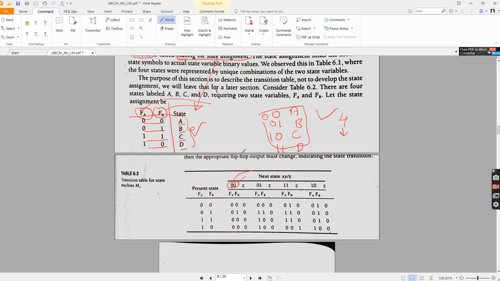Not 4 flip flops, 2 flip flops are more than enough for covering those states. So FA means flip flop A, and FB means flip flop B. Understanding? Yes or no? Yes.